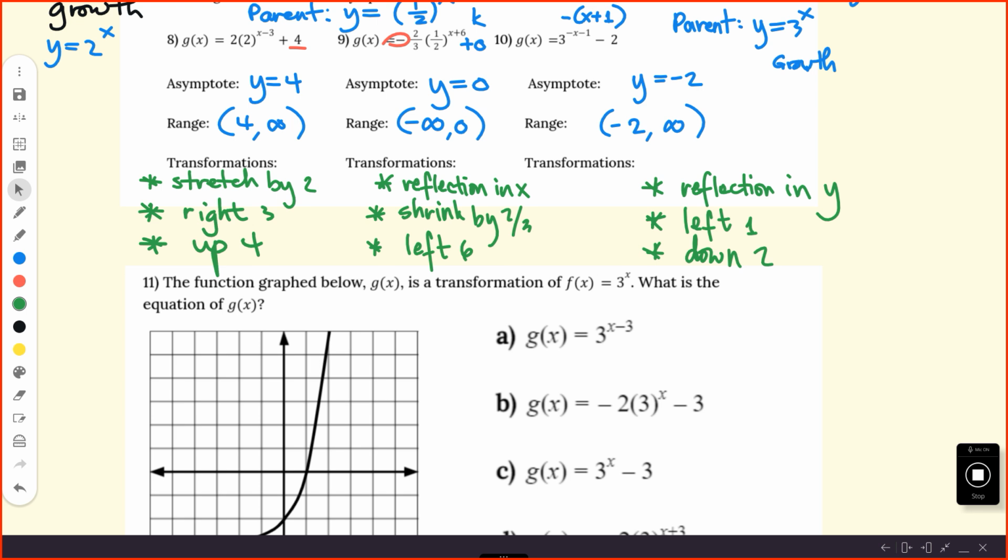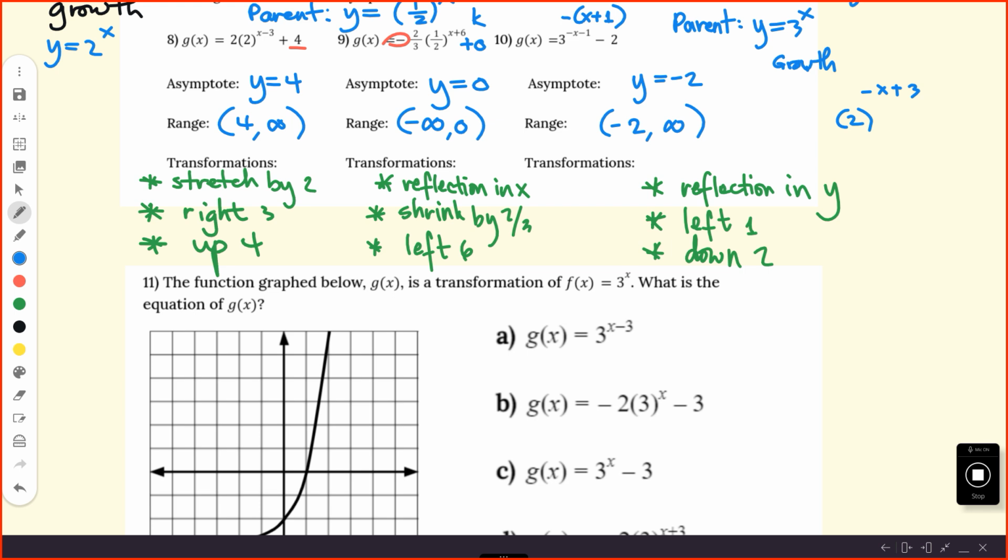Now, also, make sure that if you have a negative in your exponent, that negative will be distributed to the first and second term, because you will have a binomial in your exponent, right? So remember, if you have, let's say, the base is 2, and then you have negative x plus 3.